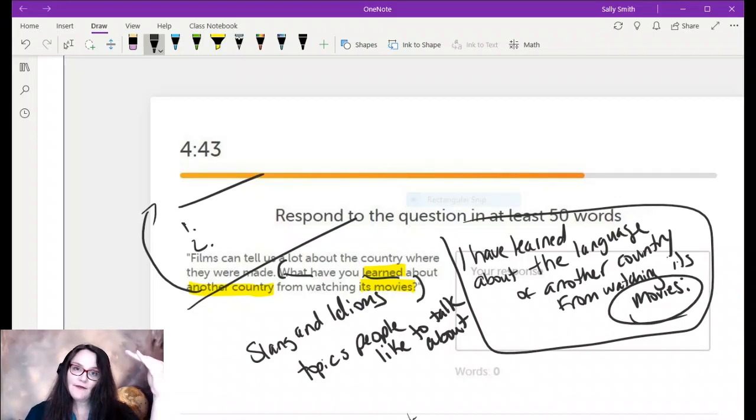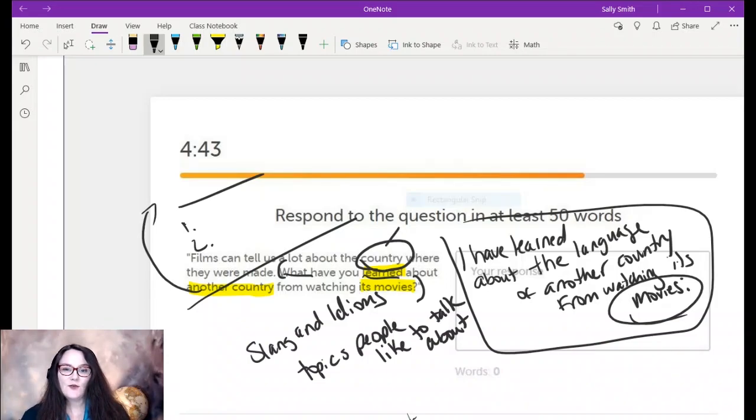Now, once you have written it and you see that you have written 50 words, now you can go back and reread what you've written and see if you have written the same word multiple times. And if so, what can you change? If I look at this paragraph, I can imagine that we're going to say country a couple of times.